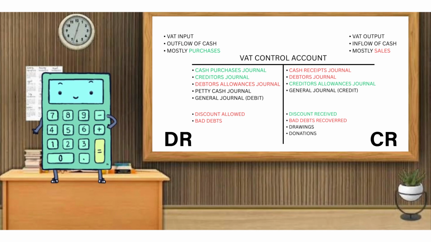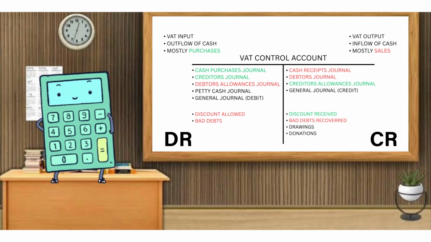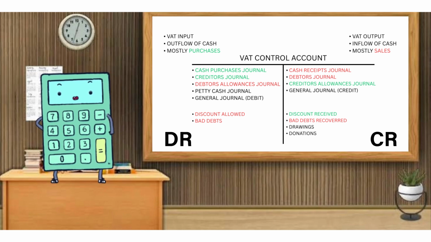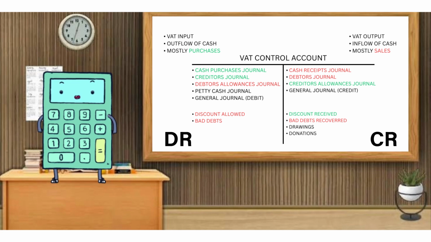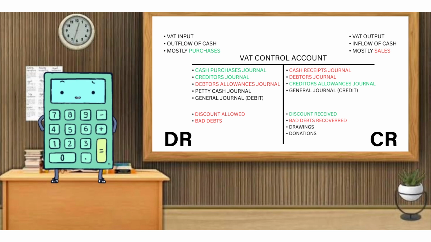VAT input amounts from journals include your cash purchases journal, creditors journal, petty cash journal, and general journals debit side. VAT output amounts from journals include cash receipts journal, debtors journals, creditors allowances journals, and general journals credit side.